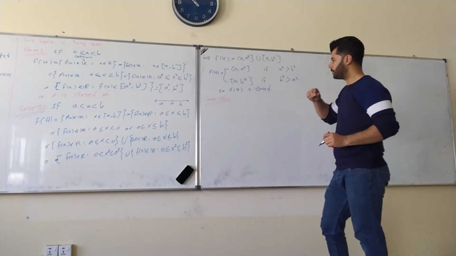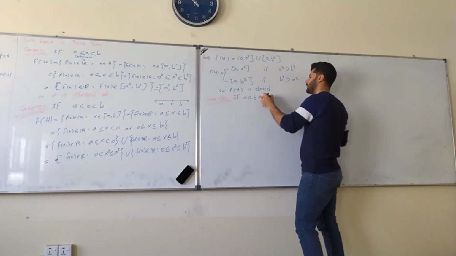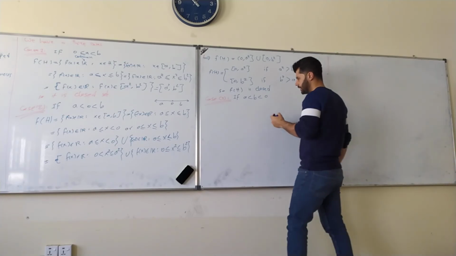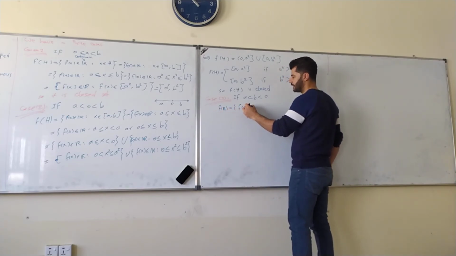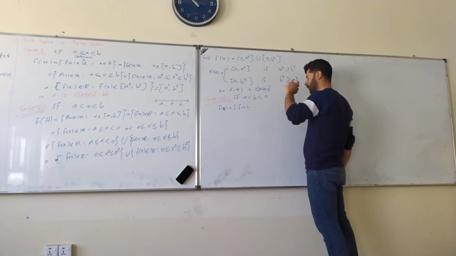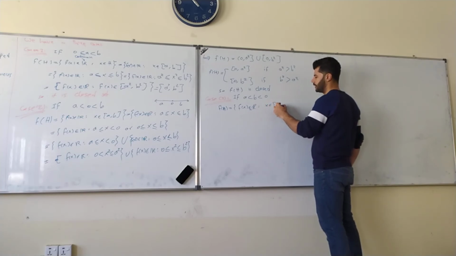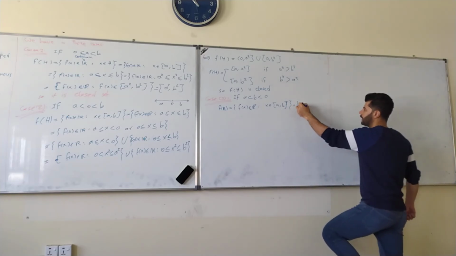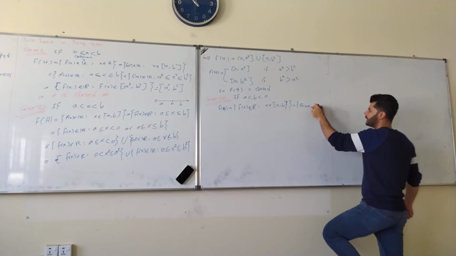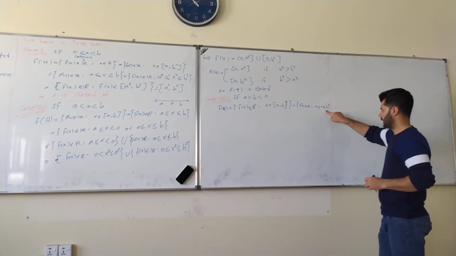For case number 3, if A is less than or equal to B and which is also less than or equal to 0, for this one f of H equals f of x, where x belongs to the interval A and B, like other parts, which equals x belongs to R such that A less than or equal to x, which is less than or equal to B. And to find f of x, we need to square these inequalities.